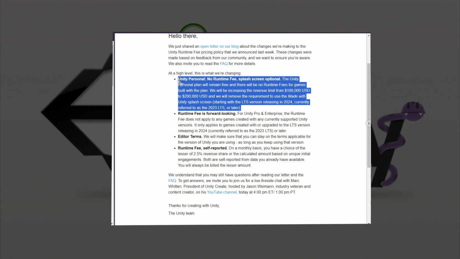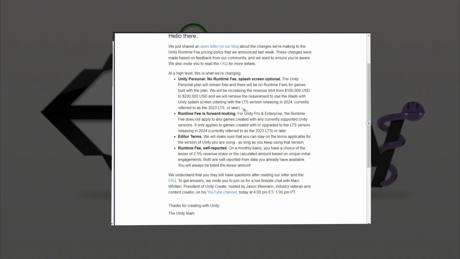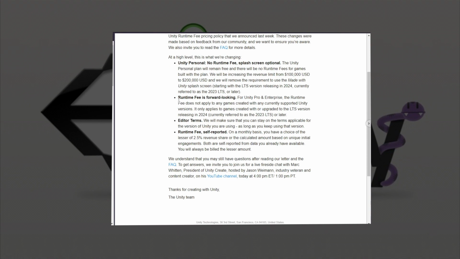So this is interesting actually, because after the backlash and what happened during the past 2 weeks, I guess. Let's move on. Now the runtime fee is forward looking.